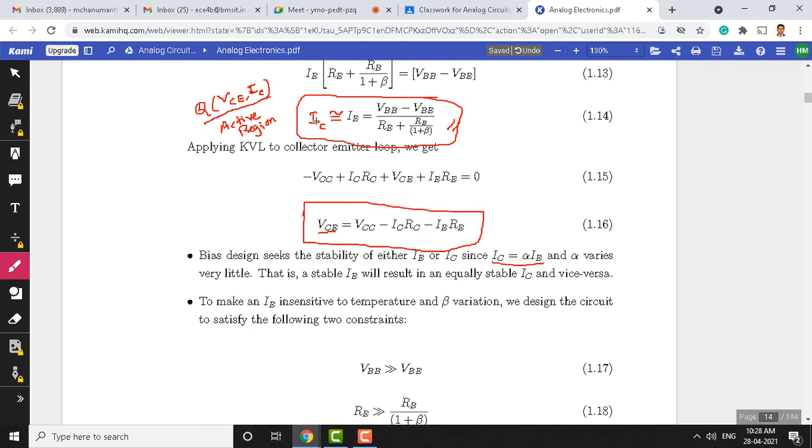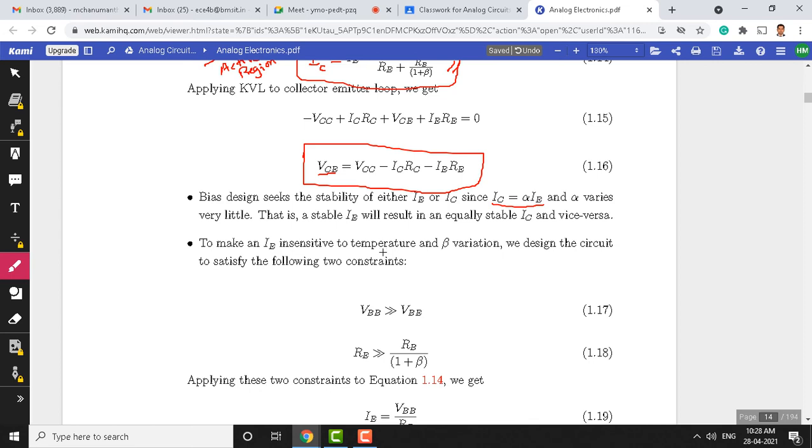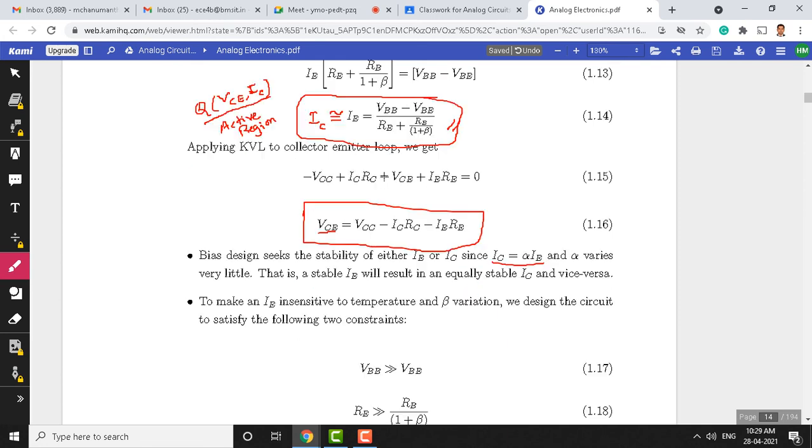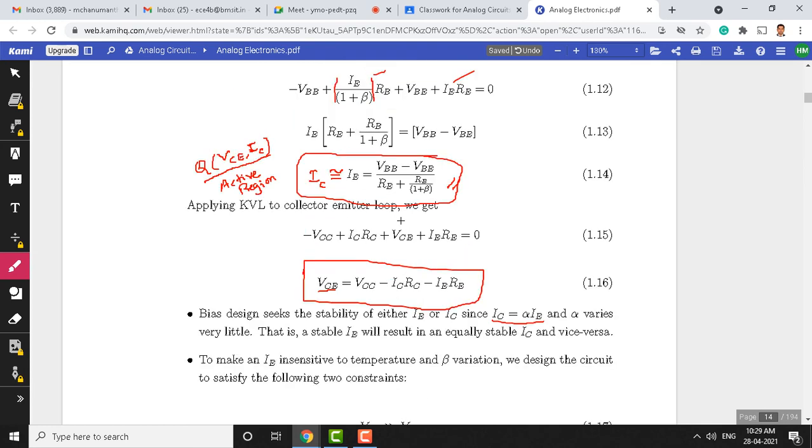Now let us see this IE expression. We have a detailed analysis on this. IE is sensitive to beta, and it also has a VBE.